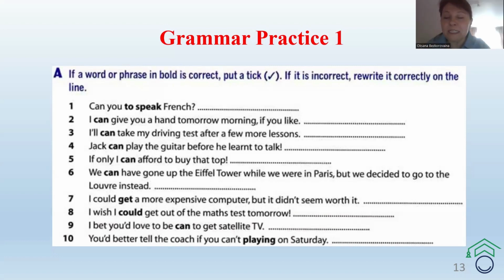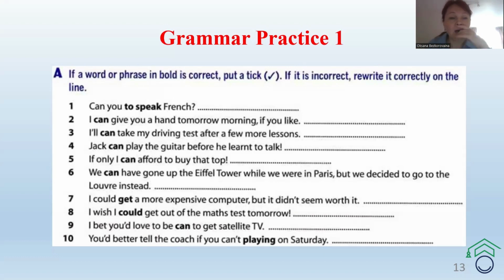So do you remember when we speak about a decision which we made in present to talk about future? The sentence is correct. I can give you a hand tomorrow. It means I will help you tomorrow, but I've made up my mind to do it today. That's why the sentence is correct.